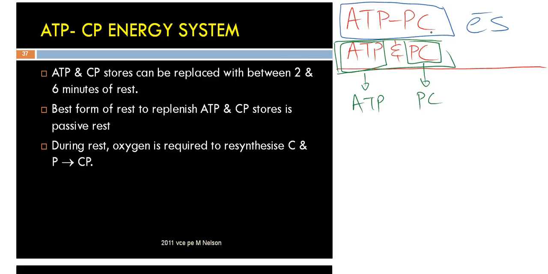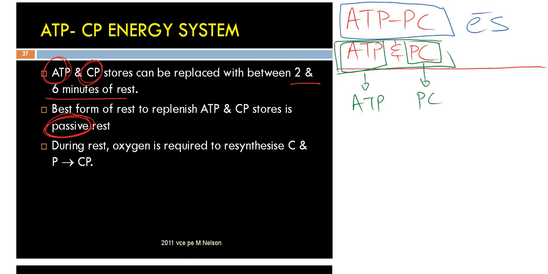So it takes approximately between 2 and 6 minutes of rest to fully replenish your stores of ATP and CP. The best form of rest to replenish these stores is a passive rest. So that means you are doing very little.